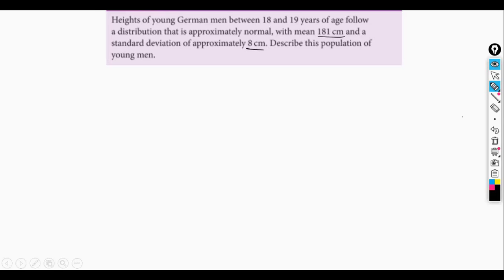Now let's remember that in this case, we have that the mean is 181 centimeters and that the standard deviation is approximately 8 centimeters. So this means that 68% of young German men between 18 and 19 would be at 181 plus or minus 8.